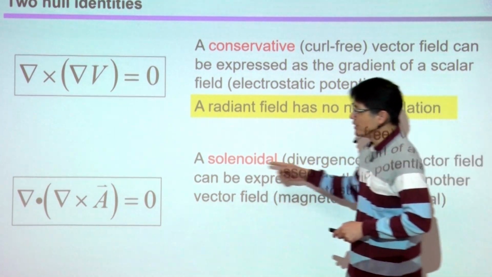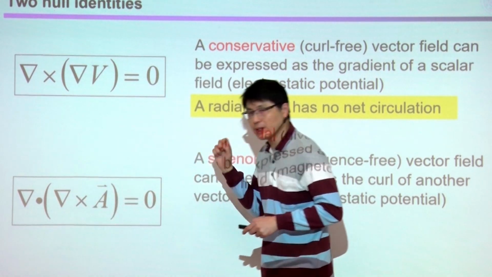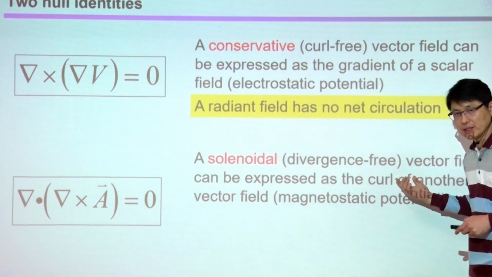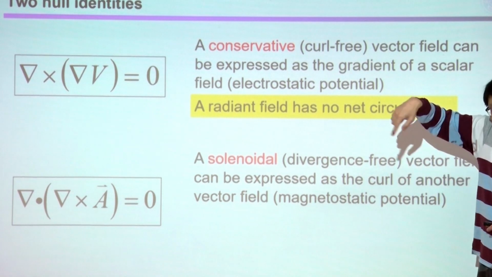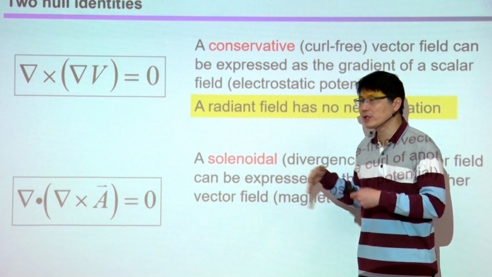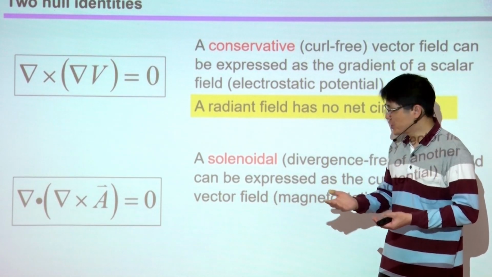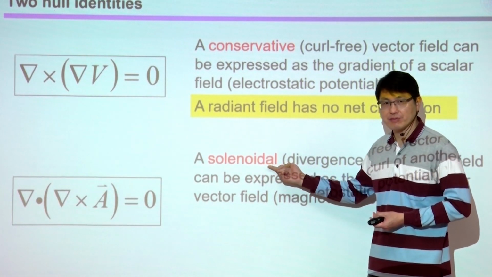Divergence free means divergence of the vector field is 0, means divergence free. It is a circulating field. A circulating field in a more academic nomenclature is a solenoidal field.